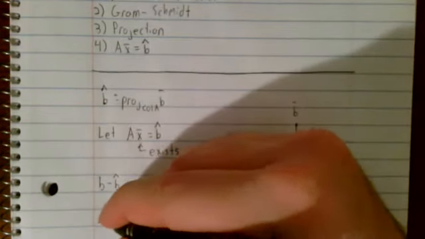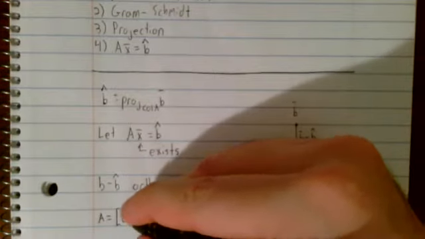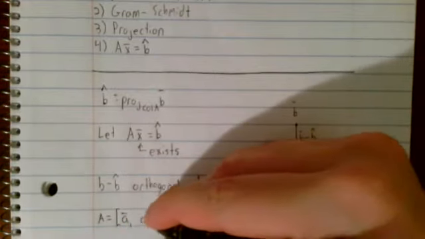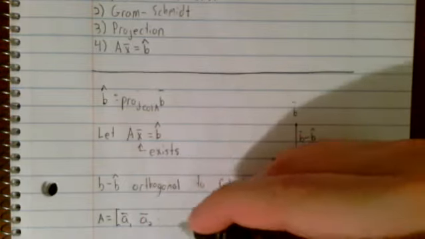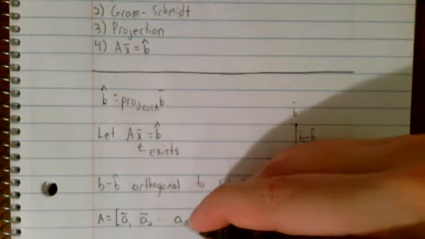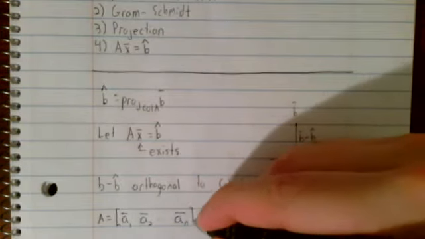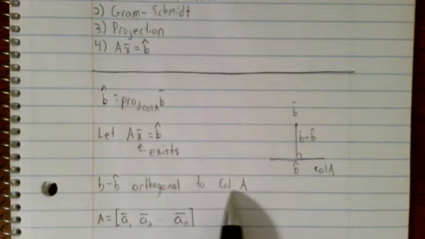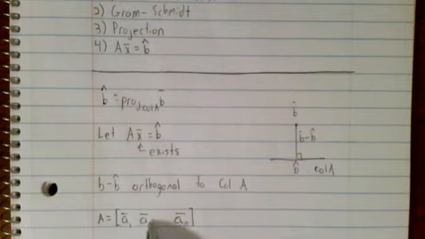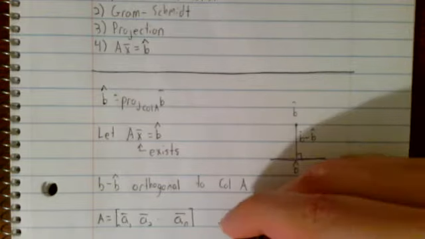So let's let A be written as a bunch of column vectors sitting side by side. If this is orthogonal to the column space, it's certainly orthogonal to these vectors. They're all in the column space.